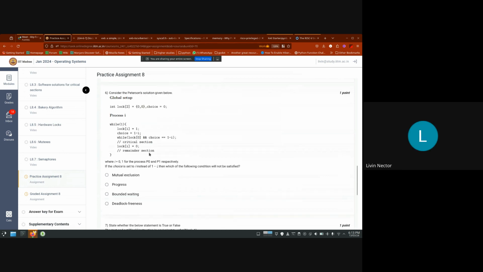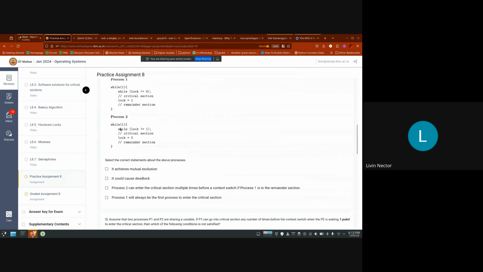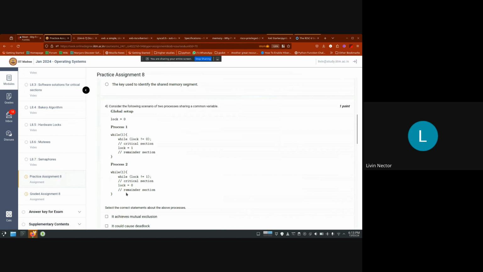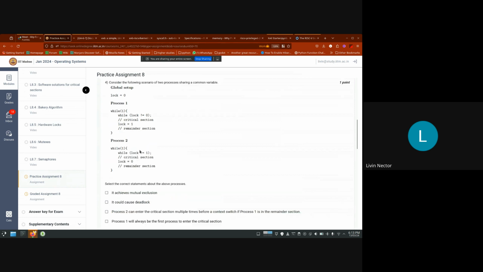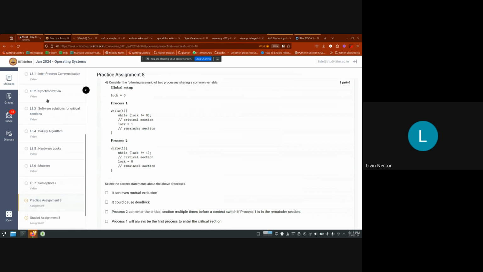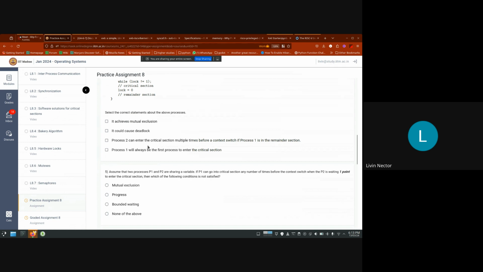So okay, I think we have some problems like this in the graded assignment also. This involves you understanding the code, like whether it will achieve the goal. If I explain this now, before you watch the critical section solution videos, you won't be able to understand what happens here.